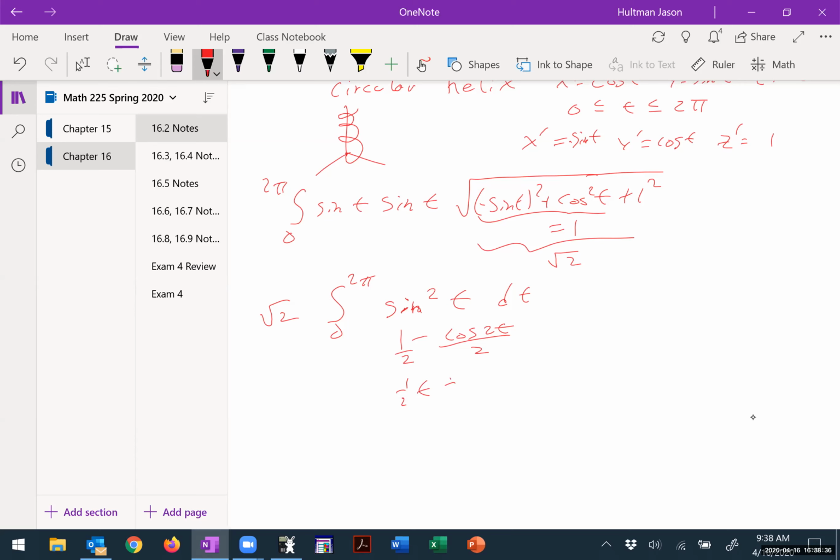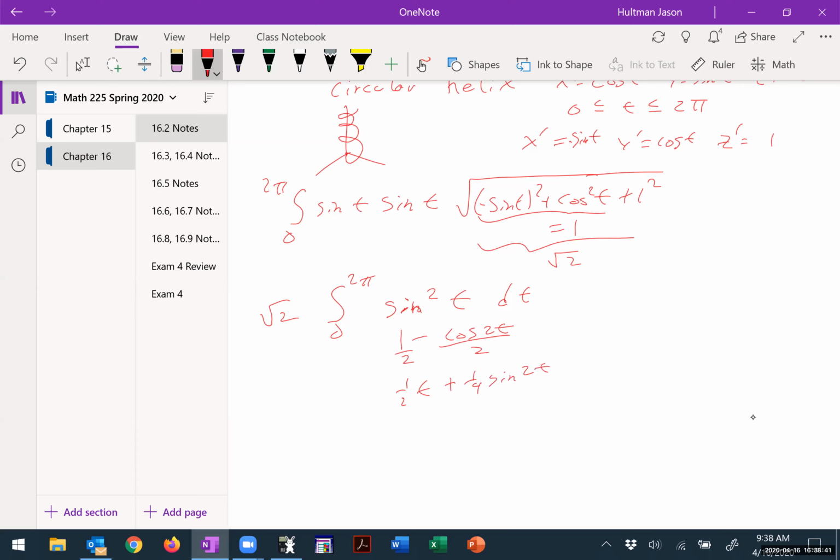Plus 1/4 sine 2t, right? No, it should be minus, because if I take the derivative of this, it should be minus.